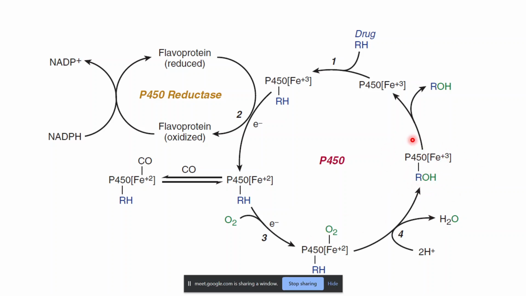So, and that forms a oxidized drug. And then the P450 returns the oxidized drug back. And many drugs are oxidized by this system.